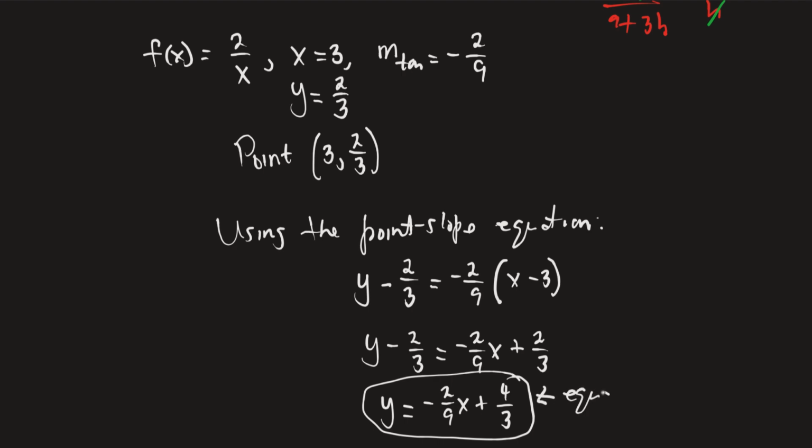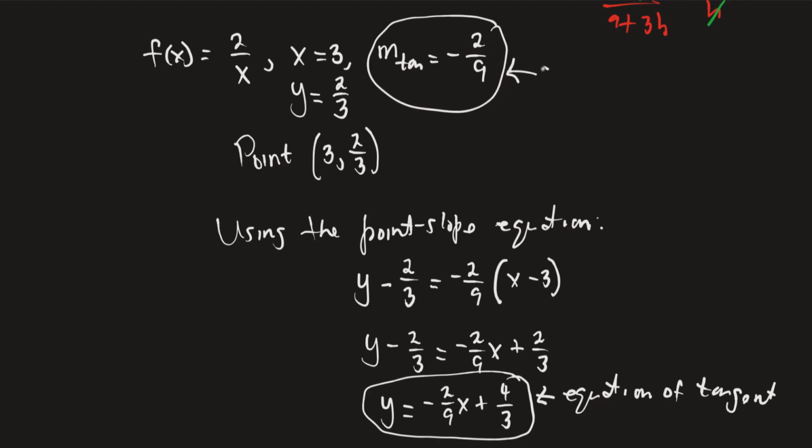So this is the equation of tangent. Again, not to be confused with the slope of the tangent. So slope of tangent. All right. So there are a couple examples, again, illustrating this alternative form of the limit definition of the slope of the tangent line.